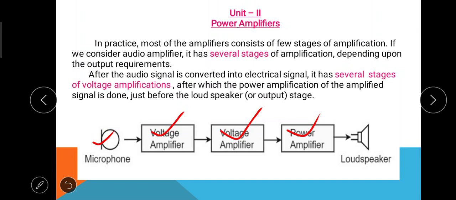Here this power amplifier actually increases the voltage level as well as the current level of the input signal, and then it is connected to the load part or output stage. Particularly in this case it is a loudspeaker, so that it can drive that loudspeaker.